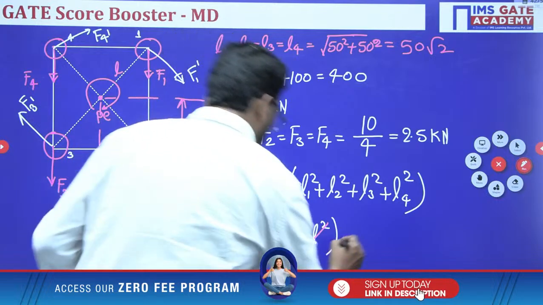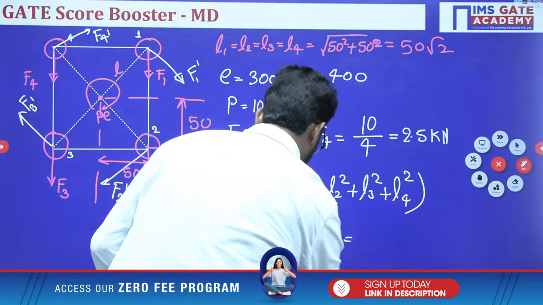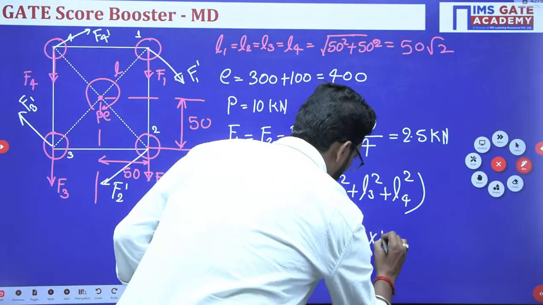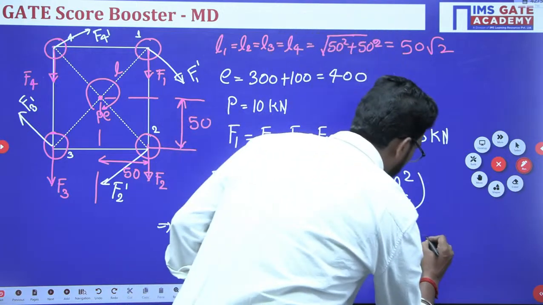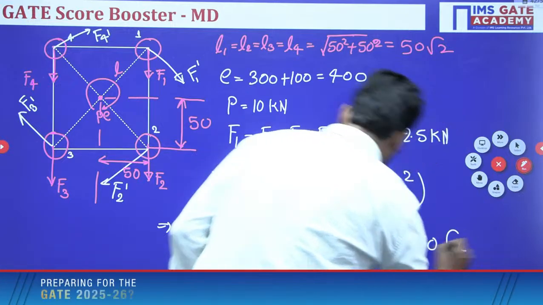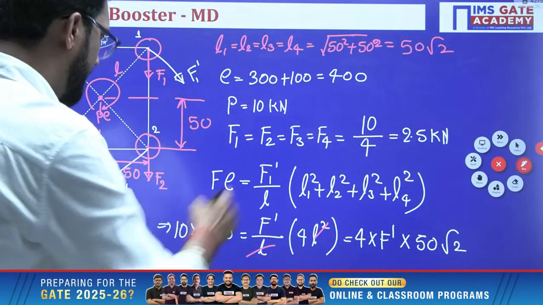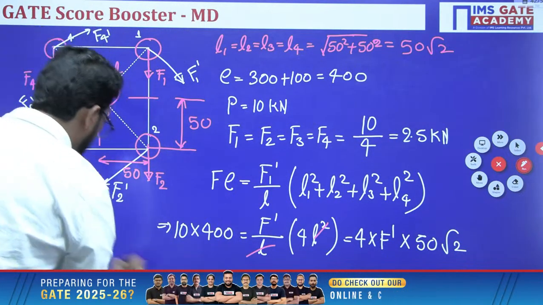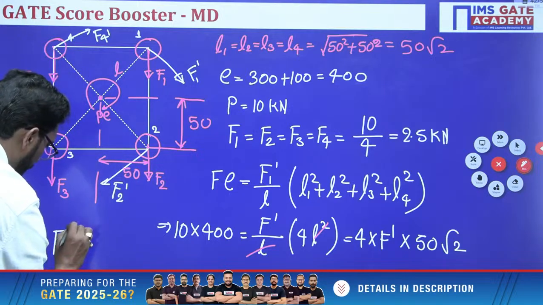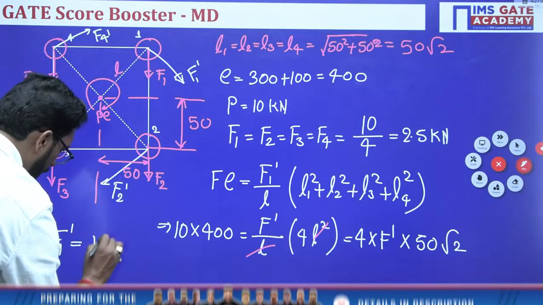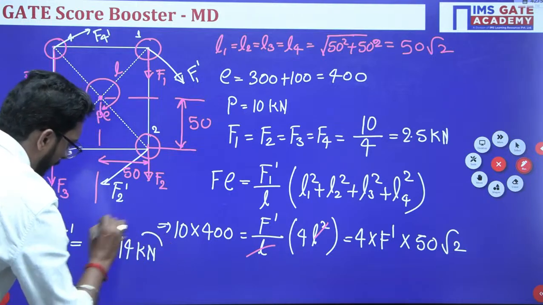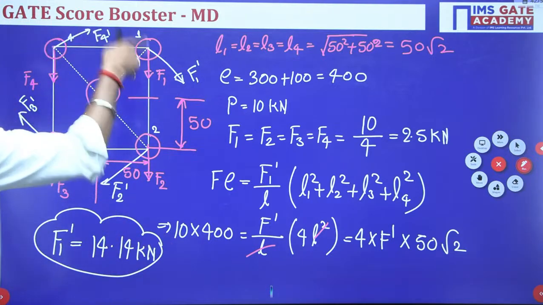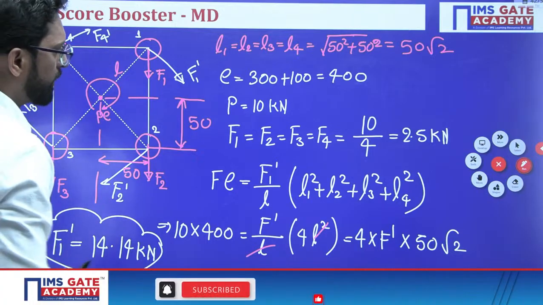So this is your F dash, so this is 4 into F dash into L. L is how much? 50 root 2. So from here we can easily calculate the secondary force F1 dash, and this is 14.14 kilonewton. And these are all the same.